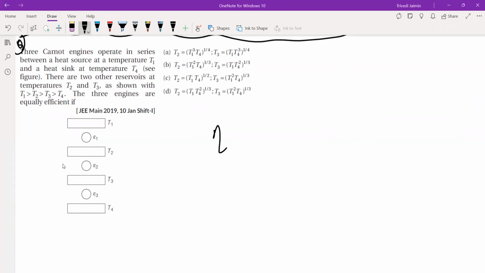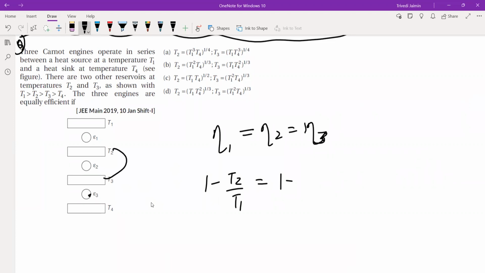See, first, the efficiencies are equal. That's what they are saying. N1, N2, N3. For N1, it is 1 minus T2 by T1. For N2, 1 minus T3 by T2.